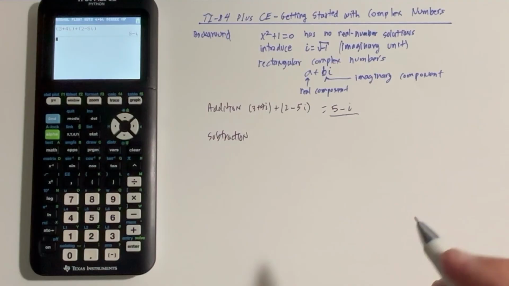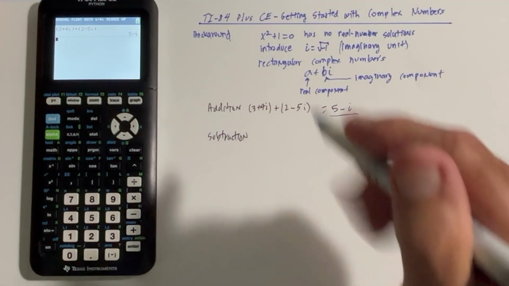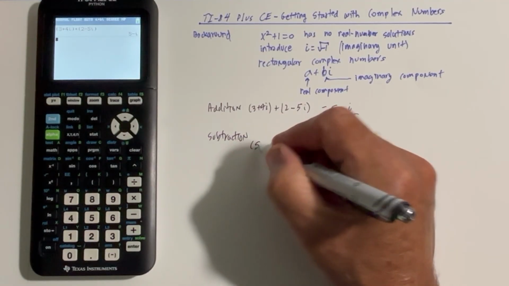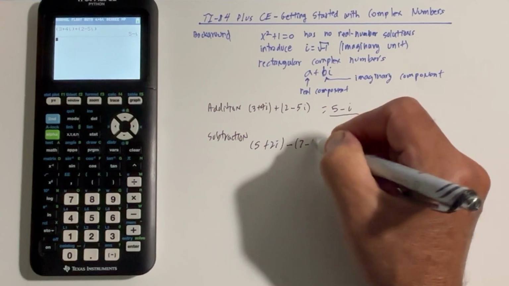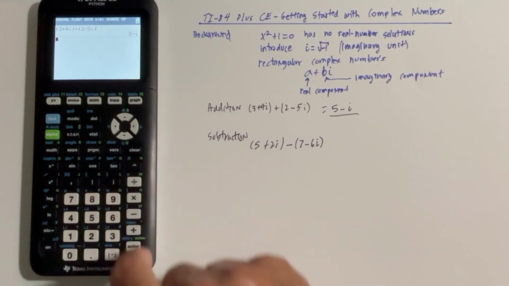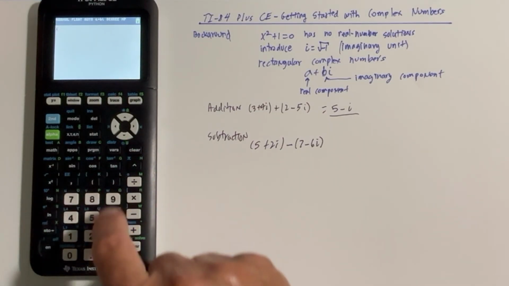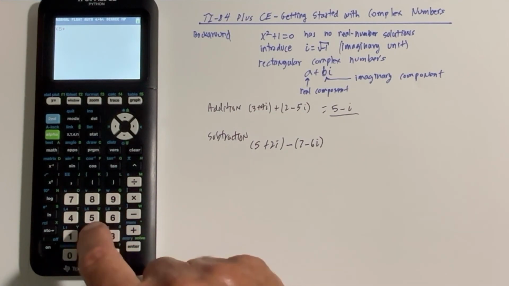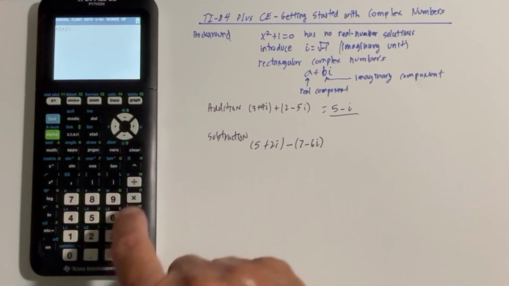Now let's do a subtraction. Basically same thing as addition, except you're using a minus sign here. So we want to do the example of 5 plus 2i minus 7 minus 6i. So let's see what that does. Now let's clear. In our first number, 5 plus 2, second i, subtract.